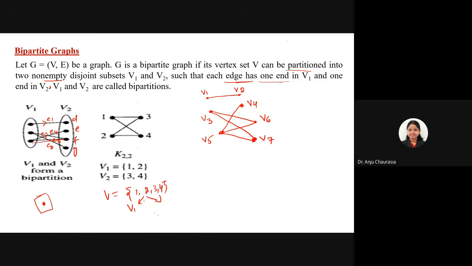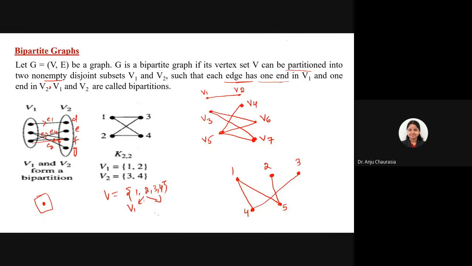Check the vertex set of this graph. Is this a bipartite graph or not?